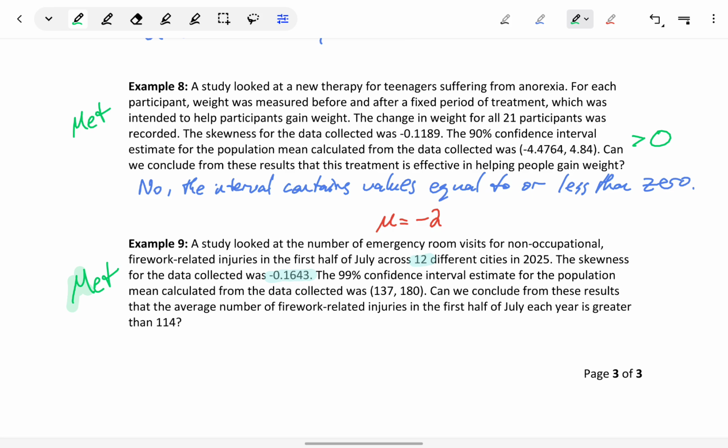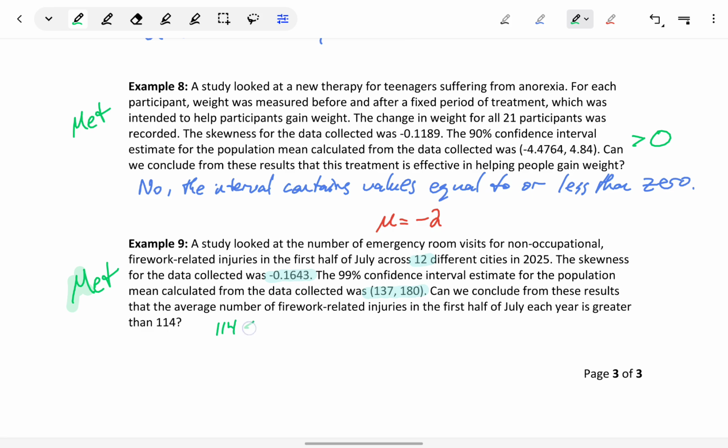Since the conditions are met, then the confidence interval that was constructed is valid, and we can use that to draw conclusions. Can we conclude from these results that the average number of firework-related injuries in the first half of July each year is greater than 114?